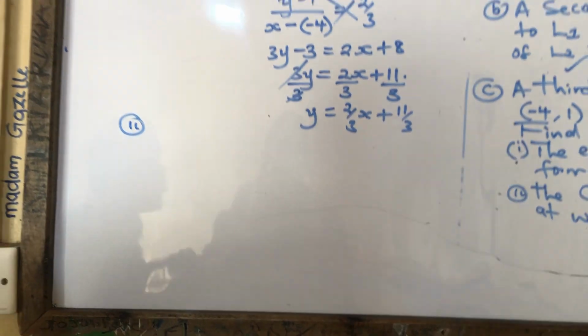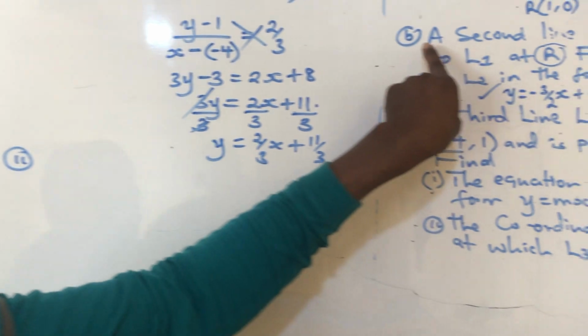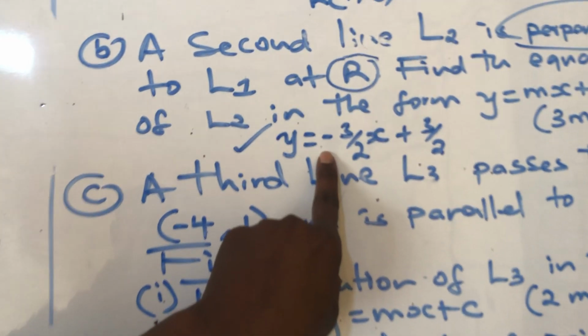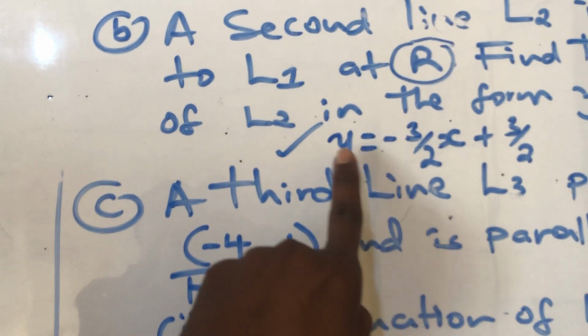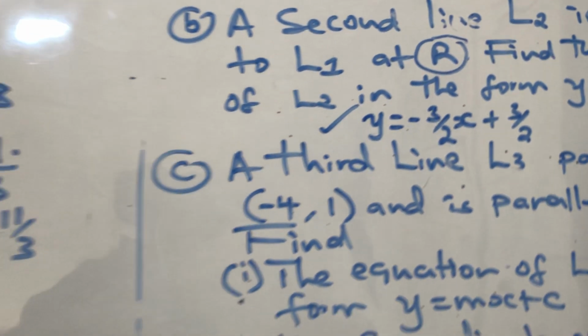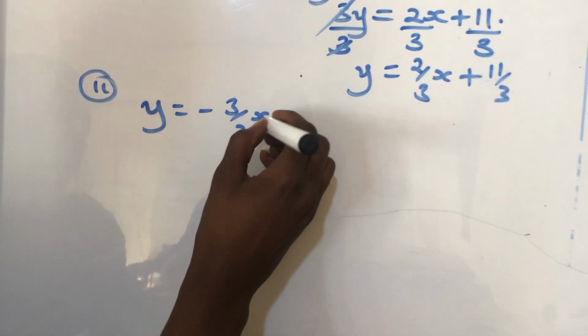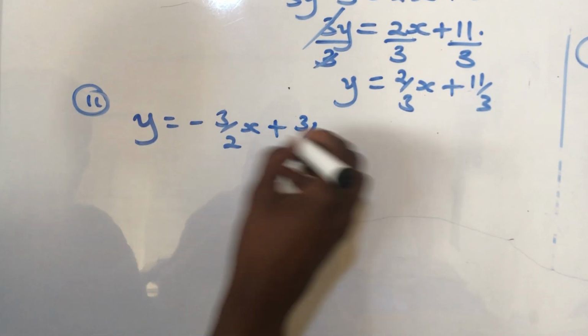How will that be achieved? Do take note, for line L2, we already have the equation. What is the equation? Y is equal to negative 3 over 2x plus 3 over 2.